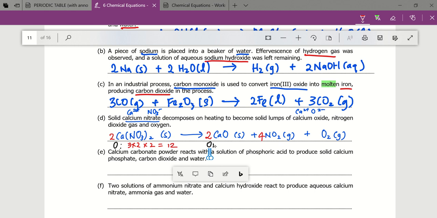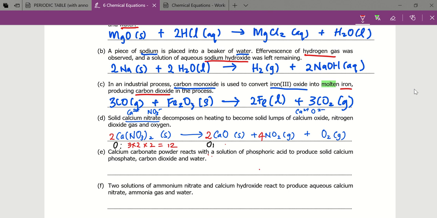Right, and for oxygen here, let me just close this. Okay, for oxygen here, I have 2 plus 4 times 2, which gives me 8. Right, which gives me 8 plus, if I've got one oxygen molecule here, that means I'll have 2.